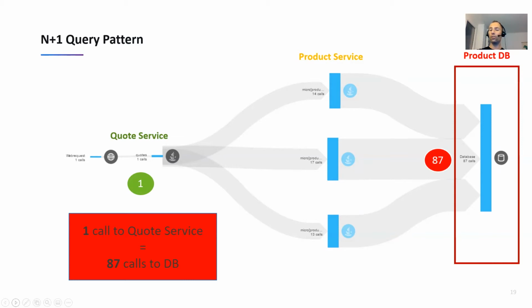So this was basically a duplication. Every time you call the product service, every service had to first fetch some initial state and then execute the actual database query. So this is why this ended up with 87 calls in total to fulfill a simple query that was summing up the quotes of all the products in a shopping cart, basically.